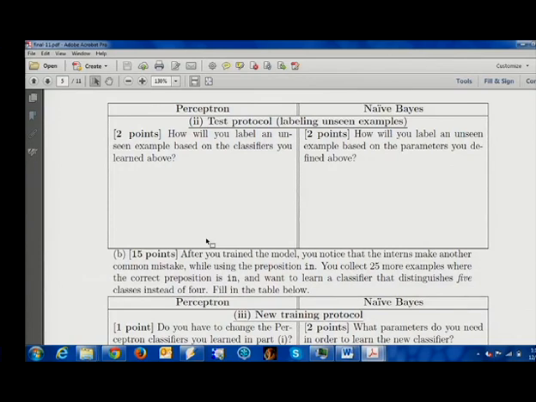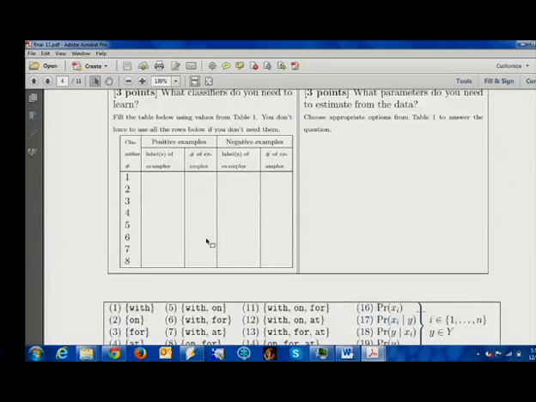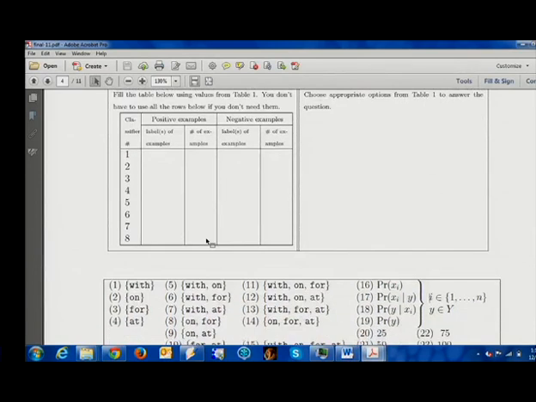What are you doing here in naive Bayes? Probability of y being with given the data, which at the end is going to boil down to multiplying the appropriate, each one of the 4 things here.